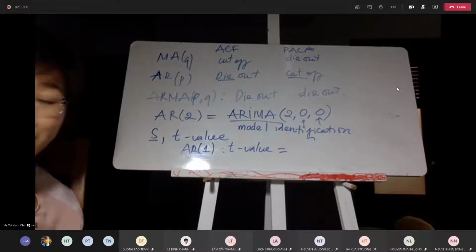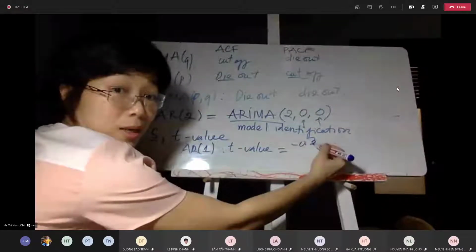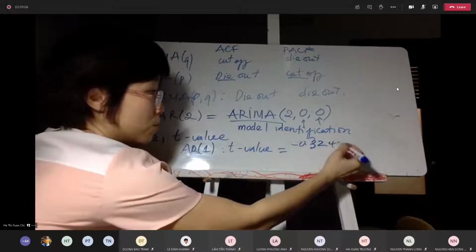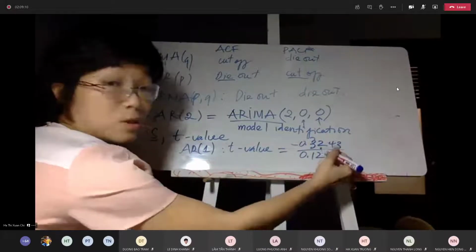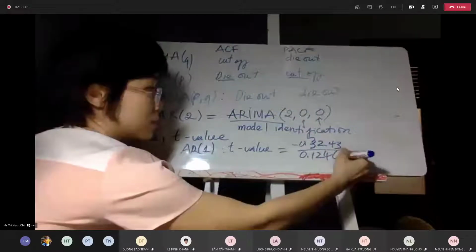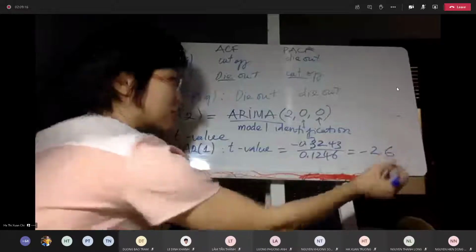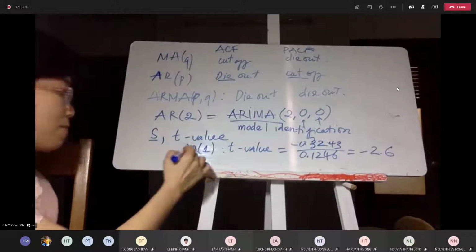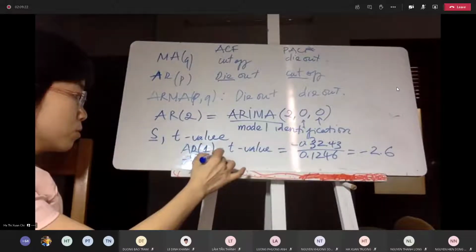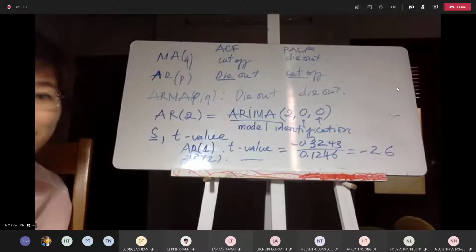So you take minus 0.3243 and divide by 0.246. So that will be equal to minus 2.6. That is the T value. So the same for AR2, the T value we can calculate in this way.